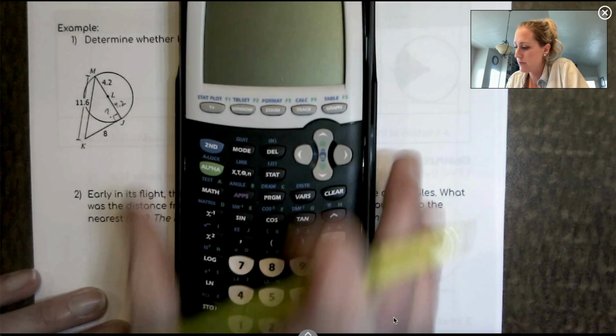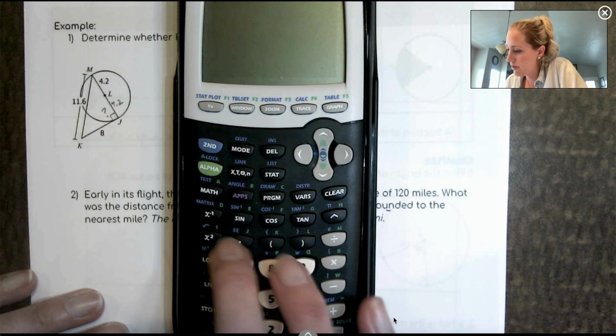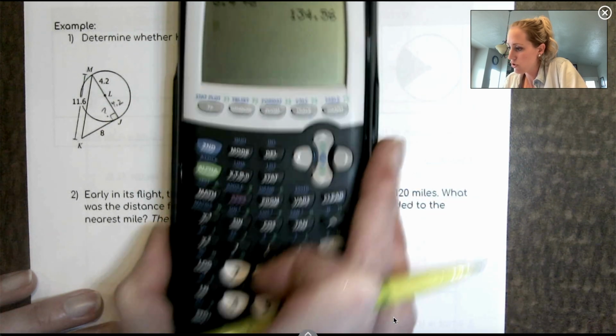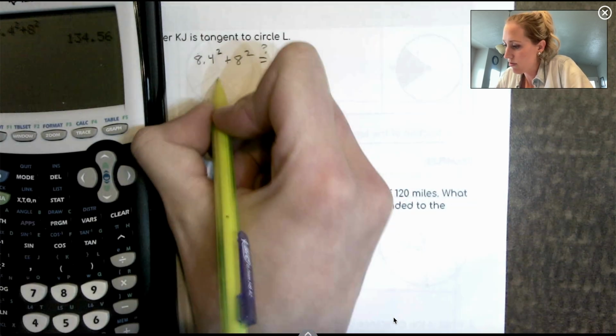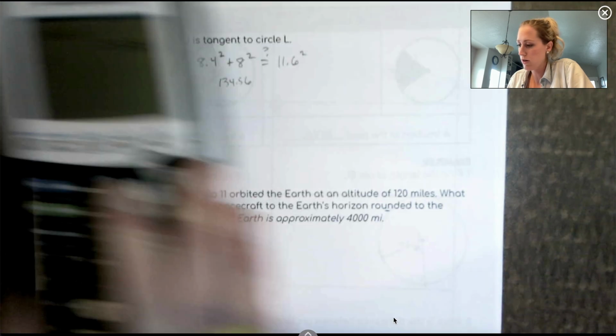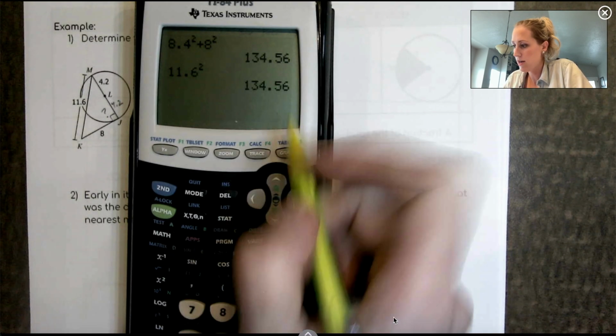So let's check. All right, so we got 8.4 squared plus 8 squared, which is 134.56. Okay, and I'm going to do 11.6 squared. They are the same.